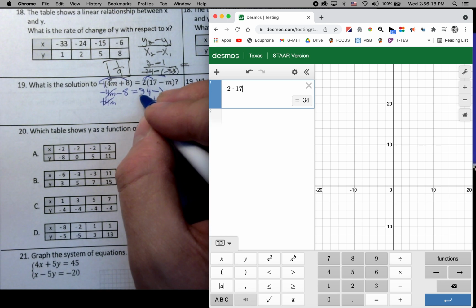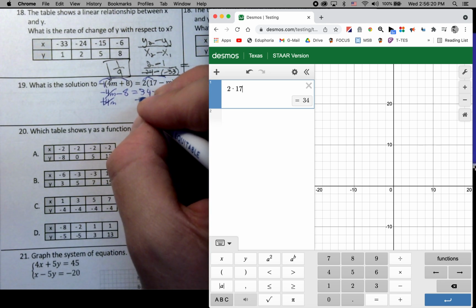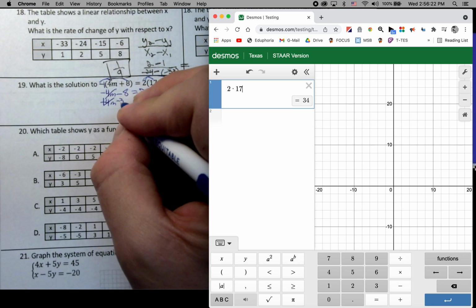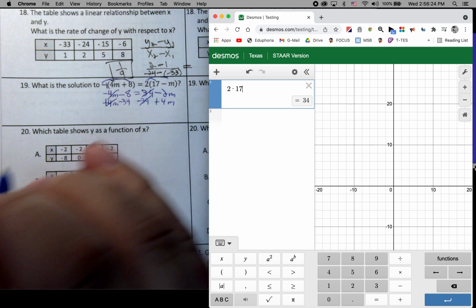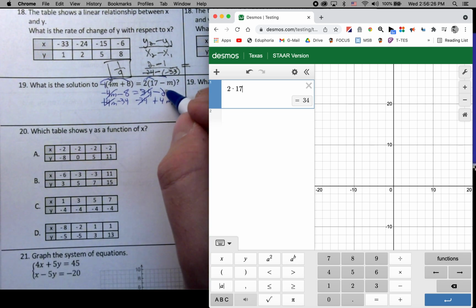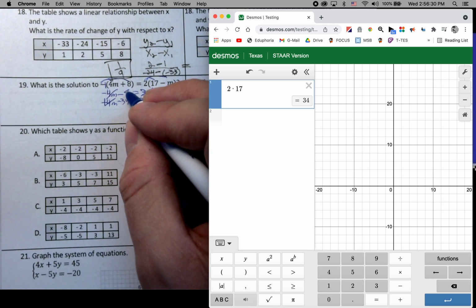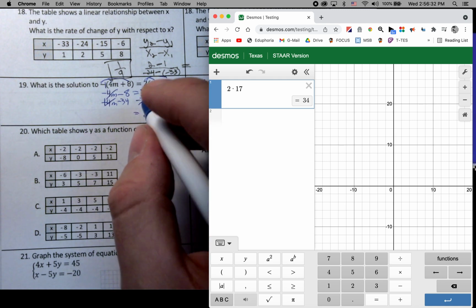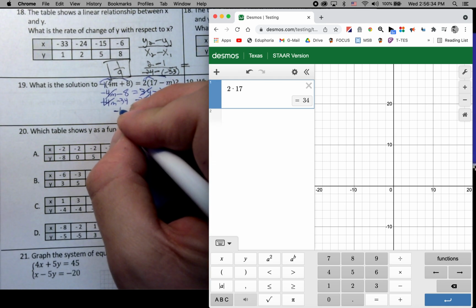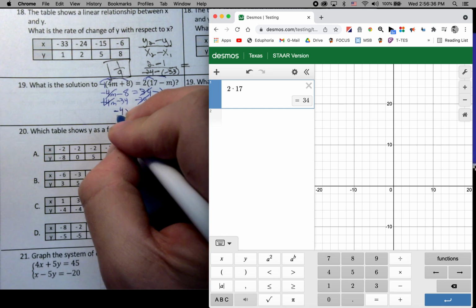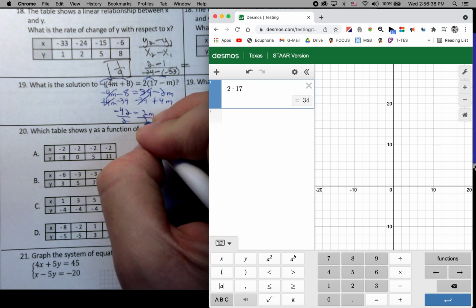So the opposite of positive 34 is going to be a minus 34. And that cancels on the right. All right, so now I'm going to rewrite it. Negative 2 plus 4 is positive 2m. Negative 8 minus 34 is negative 42. And then last step I need to do is divide both sides by 2.